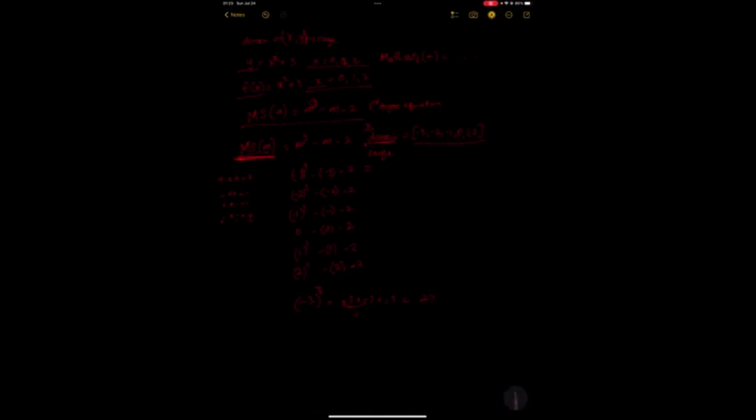That times negative, because this is a negative 3. That times negative would be equal to what? Positive times negative is equal to negative. So that will be negative 27.